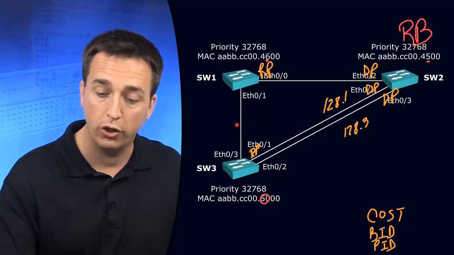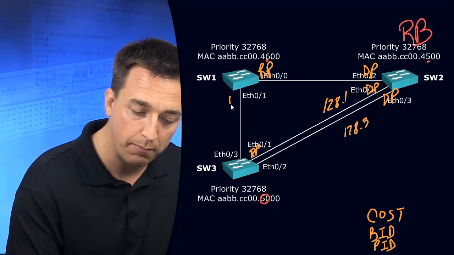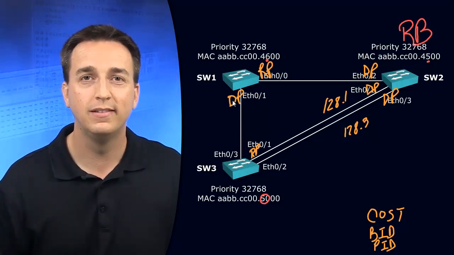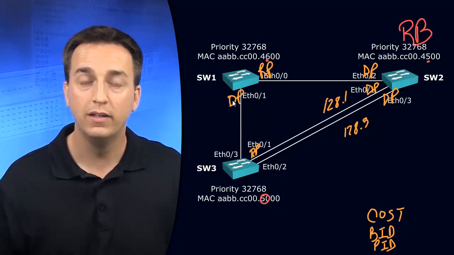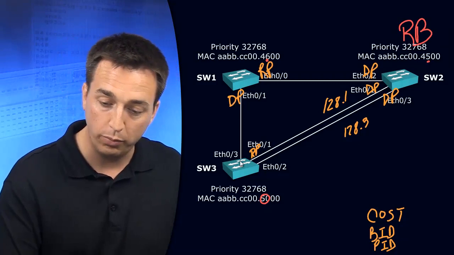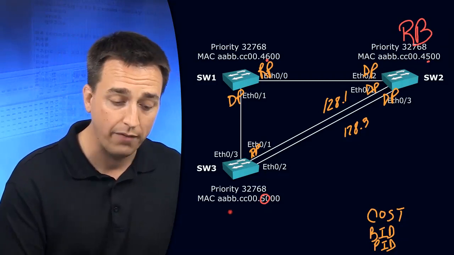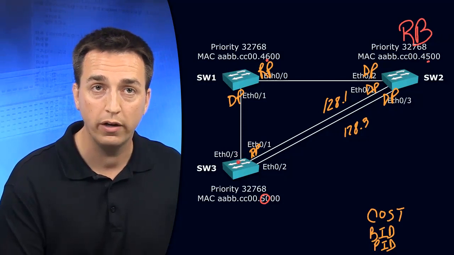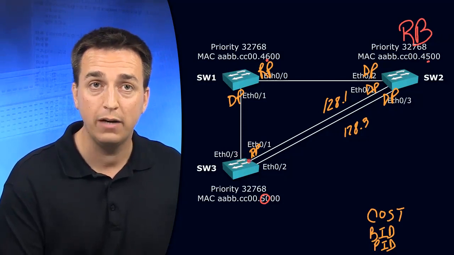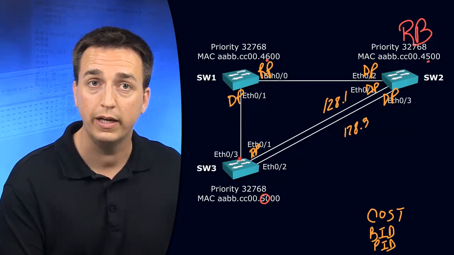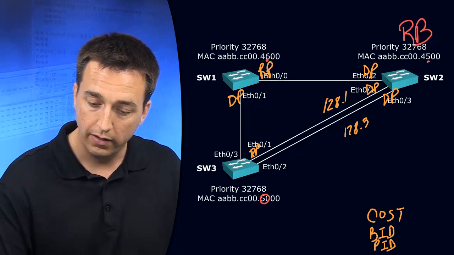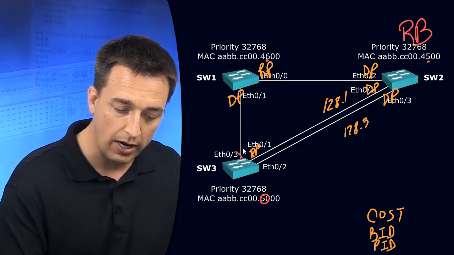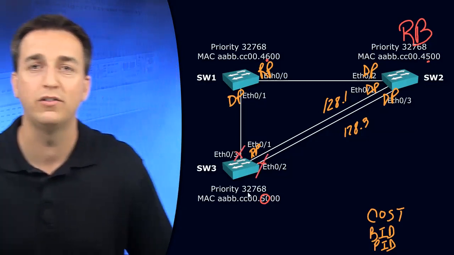It's better to go through switch 1. That makes that the designated port. Leaving us with what? Well, I cannot have another root port on switch 3. I already have my root port, and I can't have a designated port here because there's already a designated port on the link. Can't have a designated port here because there's already a designated port on the link. Therefore, this is blocked, and this is blocked by spanning tree protocol.